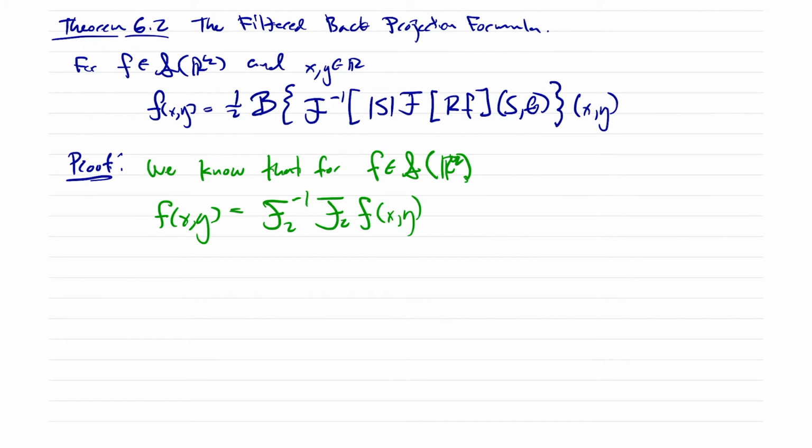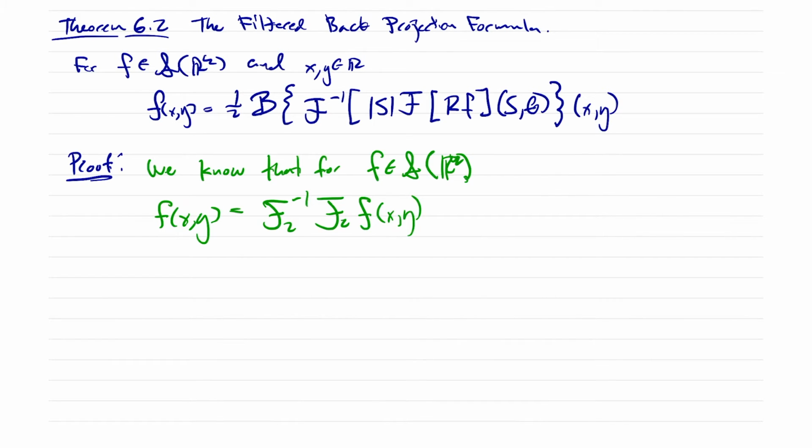So if we take the Fourier transform of f and then we hit that with the inverse Fourier transform, well, this is just the identity operator, and so that just gives us back f. Okay, so that's a good first step.